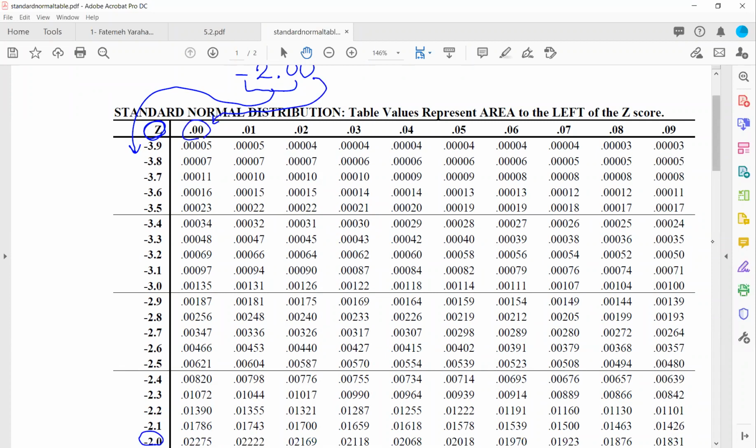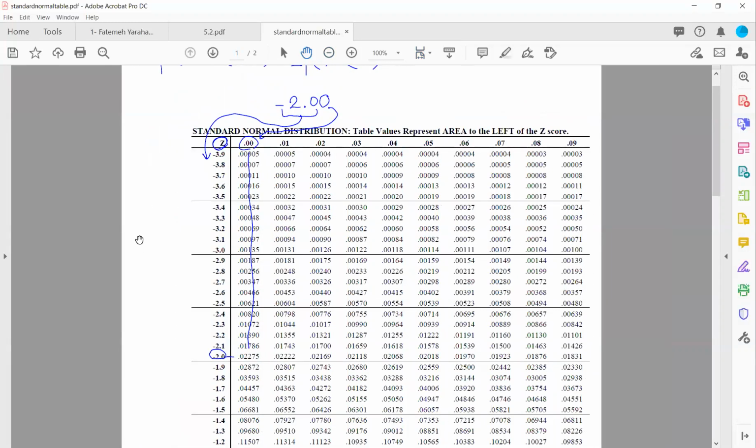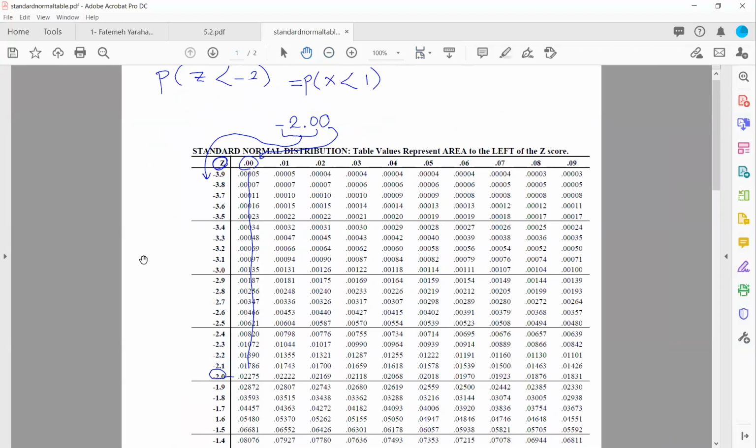So the intersection between these two is going to be very small, 2%, almost 2%. So the probability is 2%.